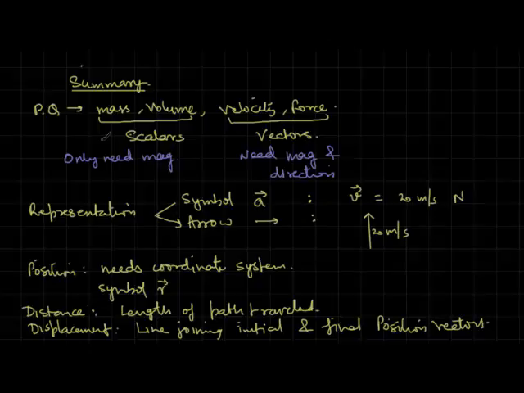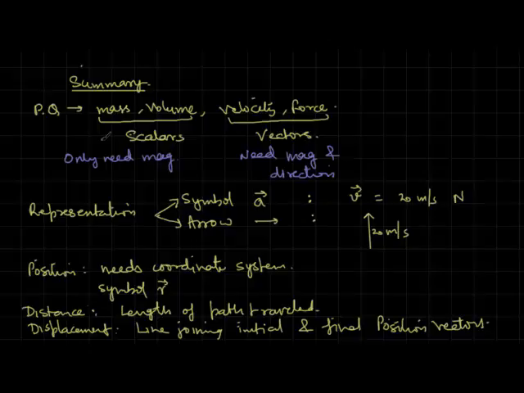Vectors can be represented by either a symbol, in this case a variable with an arrow on top of it. So we can write V vector is equal to 20 meter per second north, or we can represent it with just an arrow. So when we mark an arrow at right 20 meter per second, we don't need to specify direction, because the direction of the arrow itself specifies which direction this vector is in.